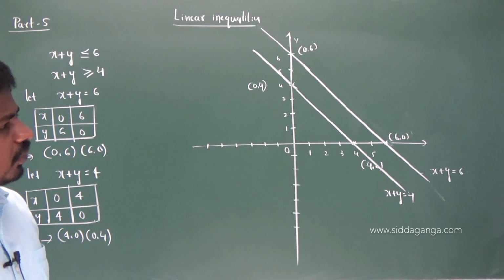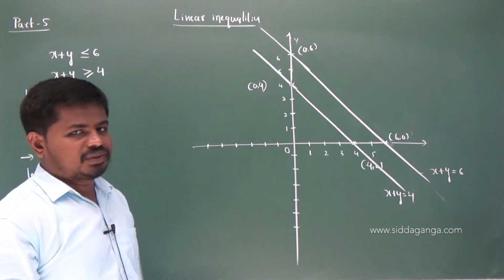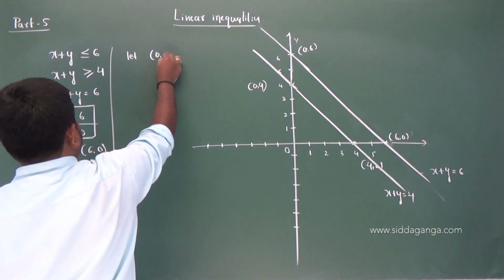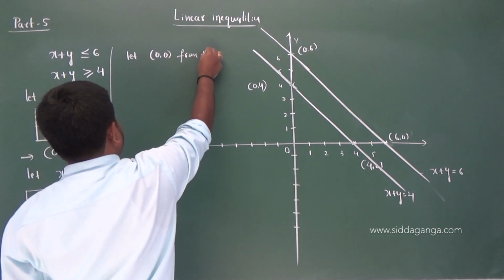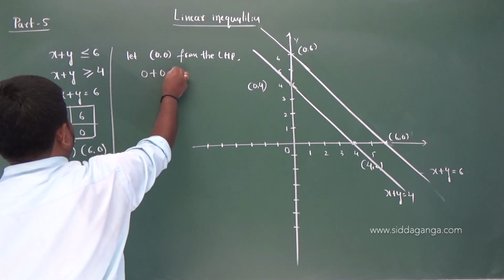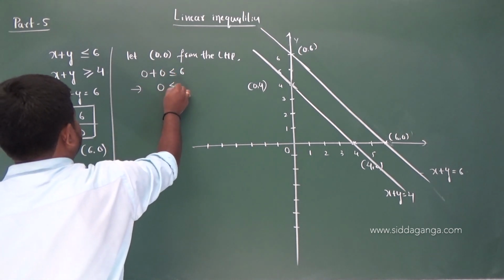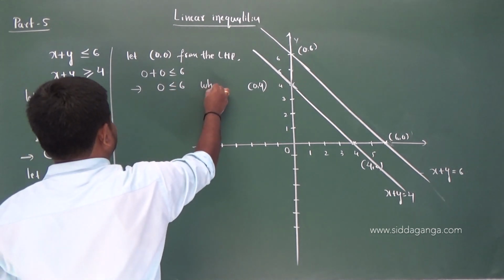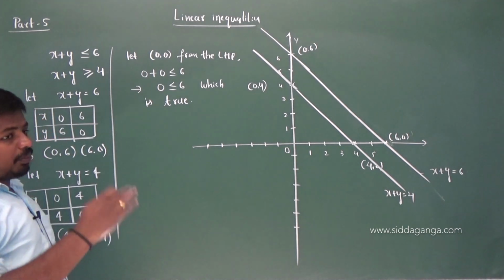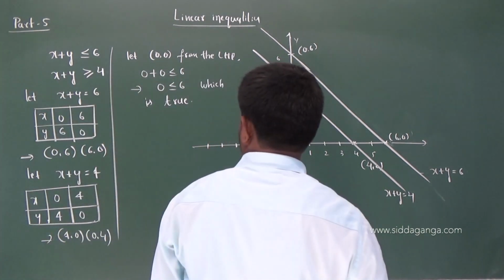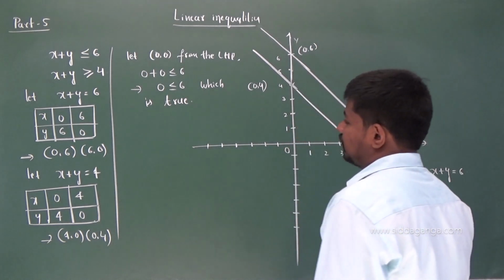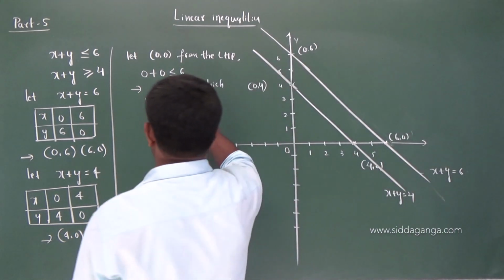Now the solution region. For both the lines, (0, 0) comes in the lower half plane, so let us check the solution region. Let us take (0, 0) from the lower half plane, then check the first inequality. 0 plus 0 less than or equal to 6, this gives 0 less than or equal to 6, which is true.